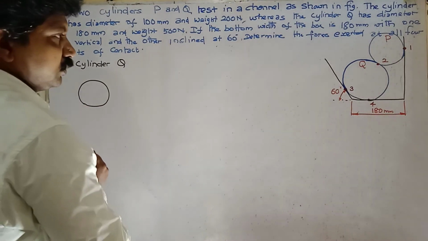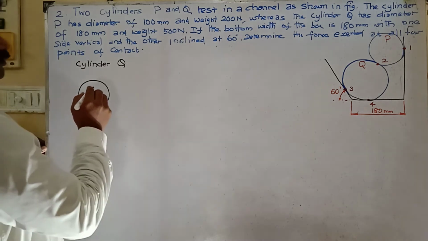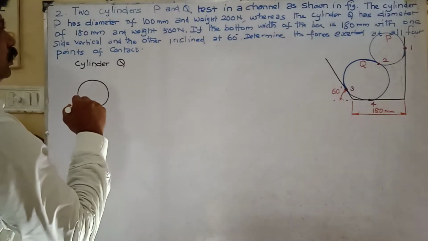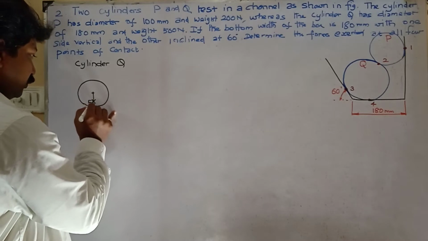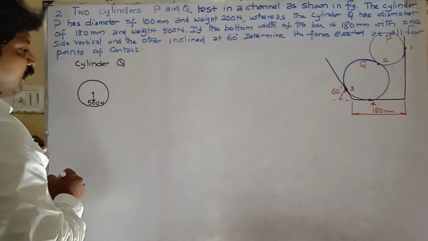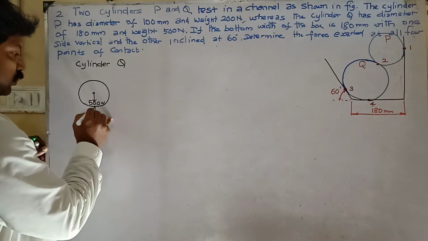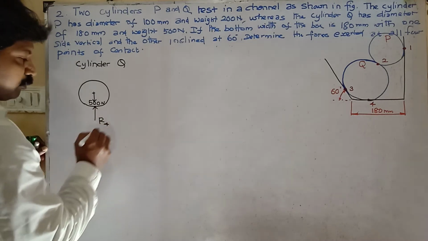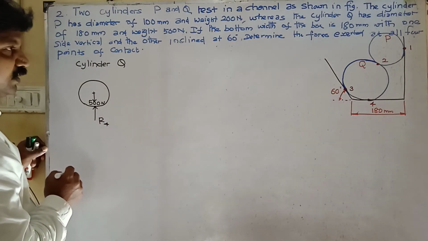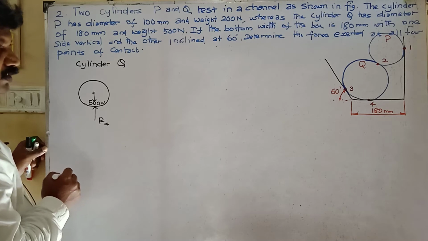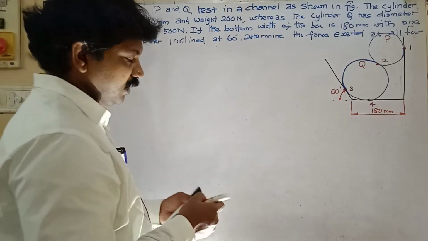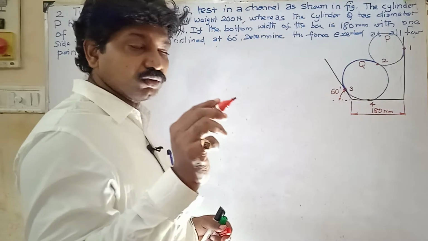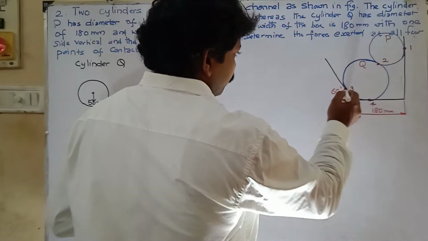Cylinder Q, the weight of the cylinder Q is 500 Newton. And the reaction at point 4, R4, and reaction R3. See, the reaction is always perpendicular to the plane.